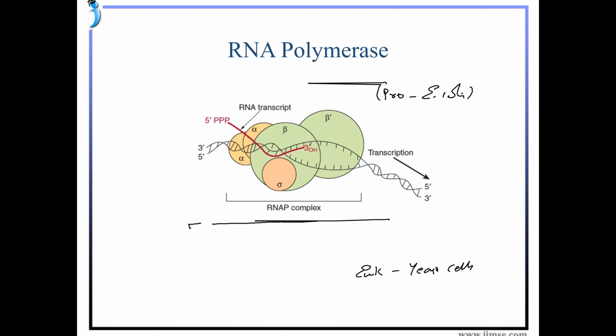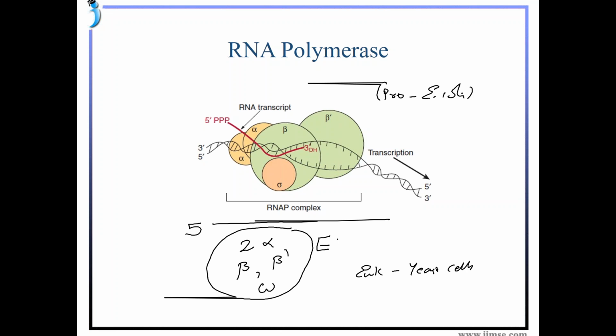So what does it contain? It contains mainly 5 subunits: 2 alpha, 1 beta, 1 beta dash, and 1 omega. All 5 subunits together are called the core enzyme, E. This is the main component of RNA polymerase. Once the sigma factor binds, it gets activated.